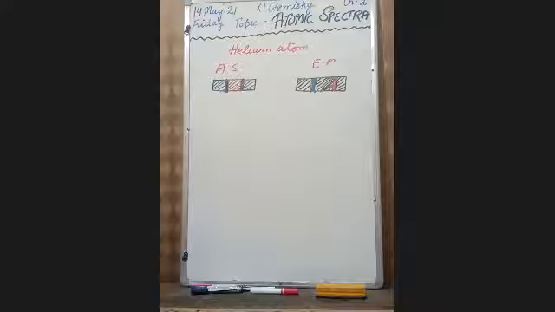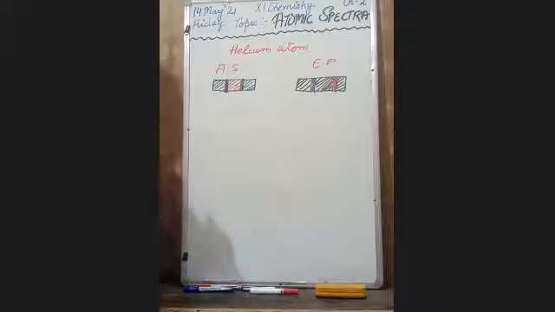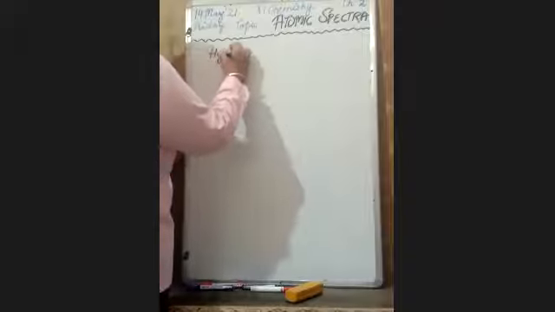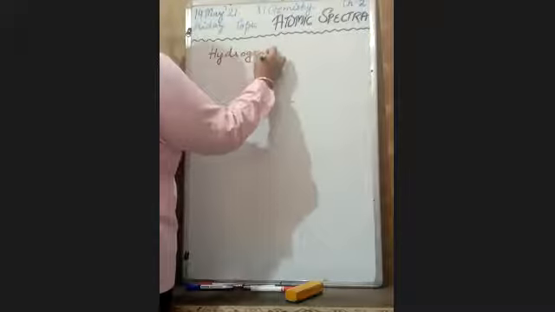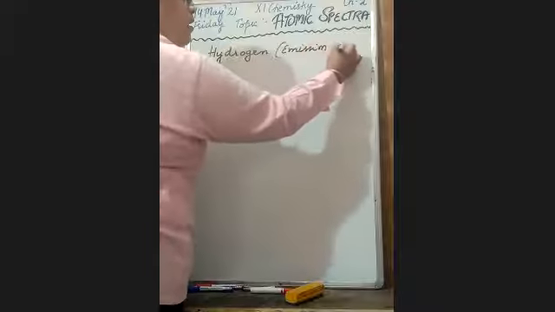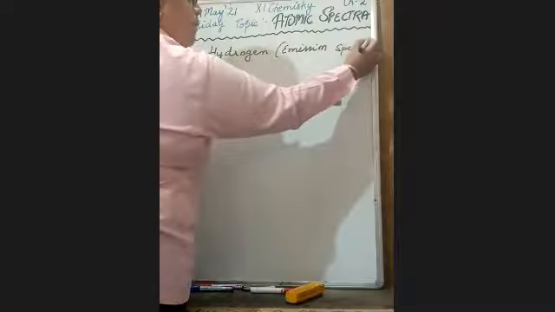The first spectrum analyzed, by the scientist Balmer, was the hydrogen emission spectra. Dear students, emission spectra is unique for a particular atom.